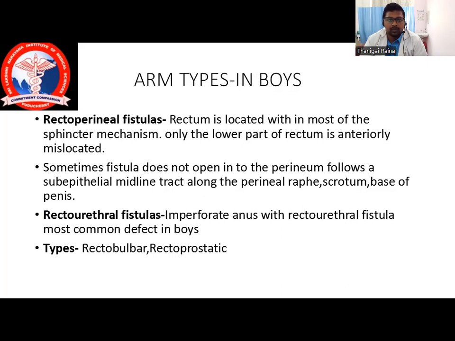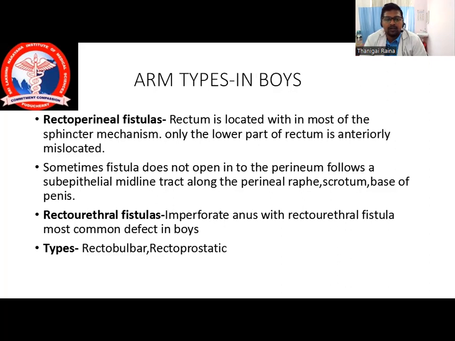So coming to the anorectal malformations in boys. There is rectoperineal fistula. The rectum is not opening properly; it is opening in the perineal area. The rectum is located within most of the sphincter mechanism.